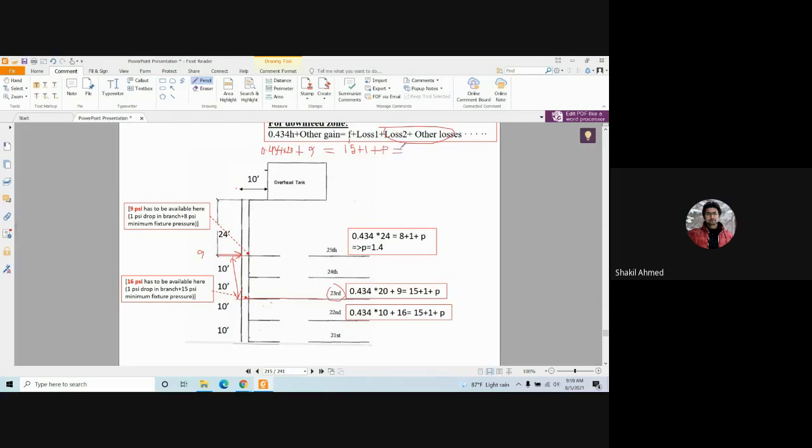So from this formula, you calculate total frictional loss.